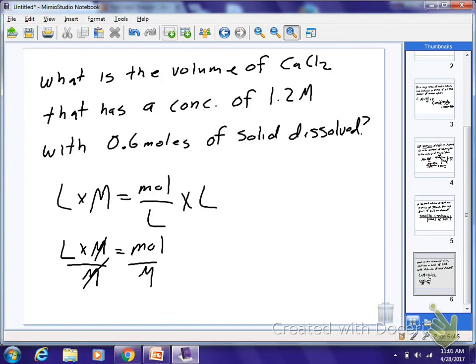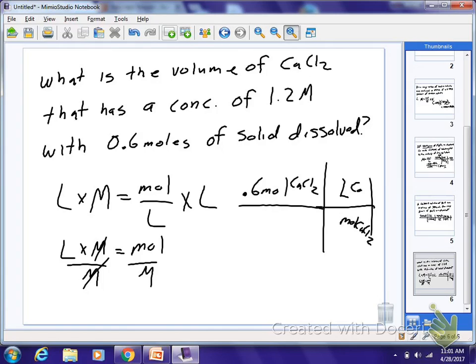I'm going to take 0.6 moles of CaCl2. Guess what I'm going to put down here? Moles of CaCl2. And up here I'm going to put liters of CaCl2. So for every 1 liter, I have 1.2 moles.